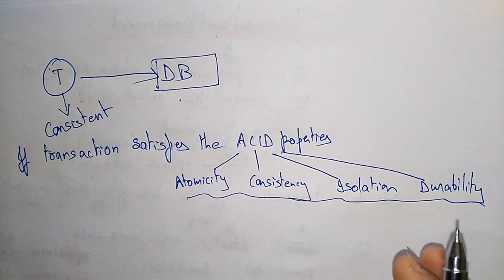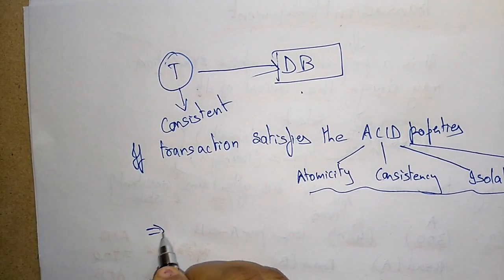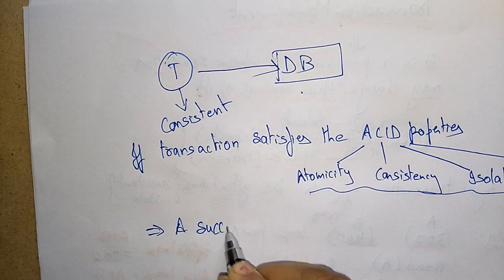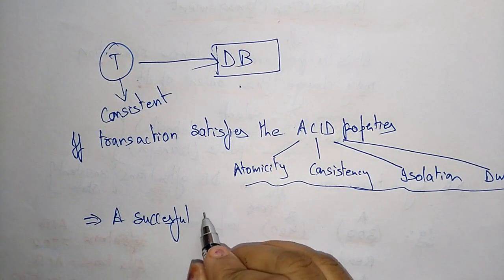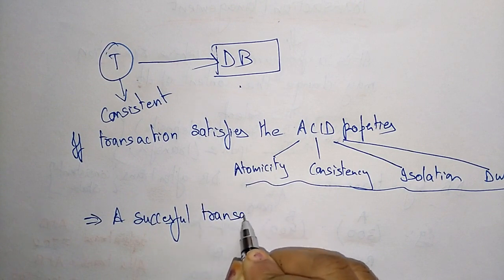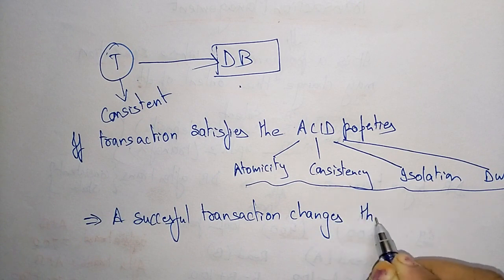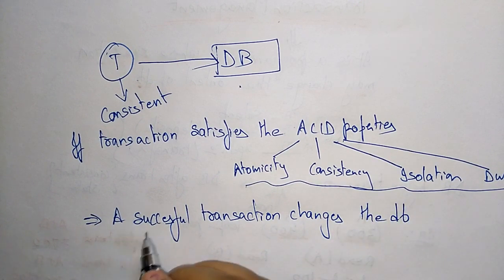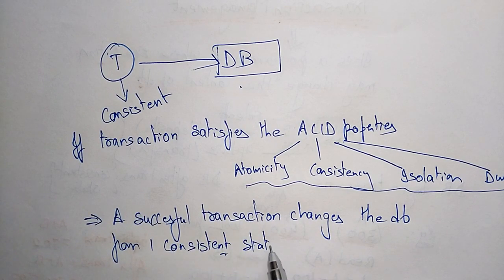Successful transactions always change the database from one consistent state to another consistent state. A successful transaction changes the database from one consistent state to another consistent state.